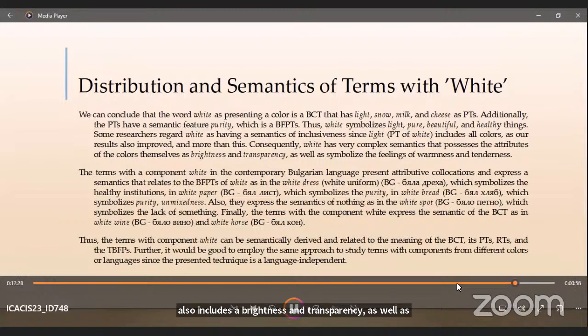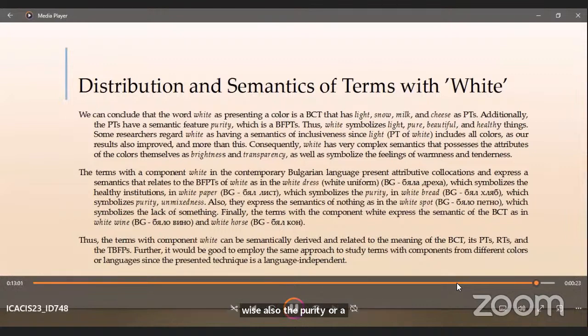The terms with the component white in contemporary Bulgarian present attributive collocations and express a semantics that relates to the basic features of the prototype terms of white, as in white dress, white uniform, which is the uniform in medical institutions and symbolizes healthy institutions, white paper, and white bread, which symbolize purity or unmixedness.